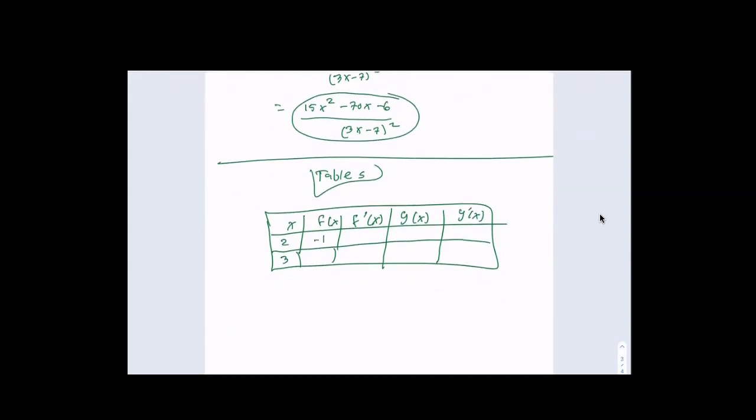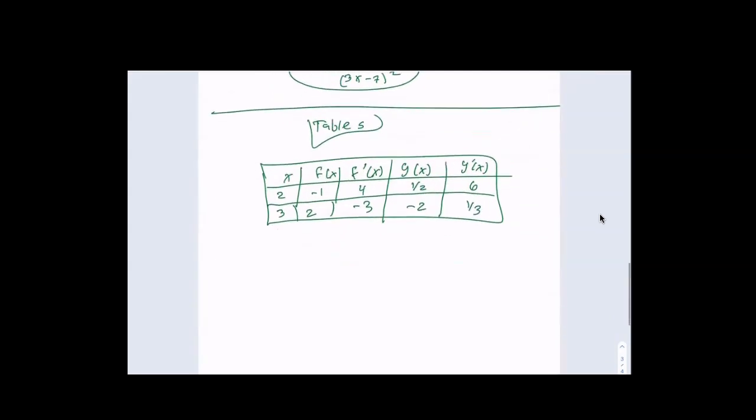I'm just making up values here. 4, 1/2, 6, 2, -3, -2, 1/3. I could have used the same numbers on my table from yesterday if I wanted to.